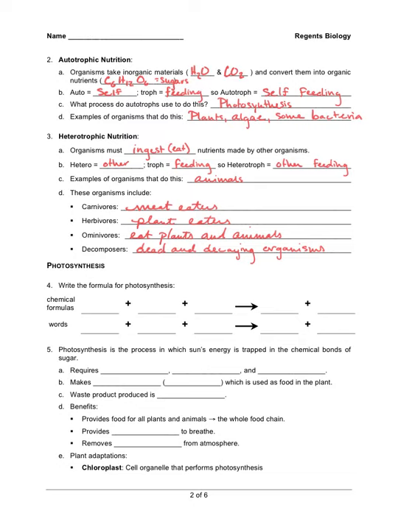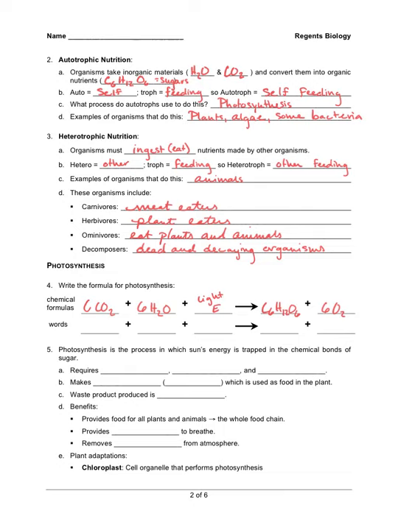Now we're going to review photosynthesis. So first we're going to go over the formula, and you're going to write it 2 different ways. There's the chemical formula, and then you can also write it with words. So for the chemical formula, you should find that the equation is 6 CO2 plus 6 H2O plus light energy, and capital E stands for energy, and then it yields, that's what the arrow means, 1 glucose, so that's C6H12O6, and 6 O2, oxygen gas molecules.